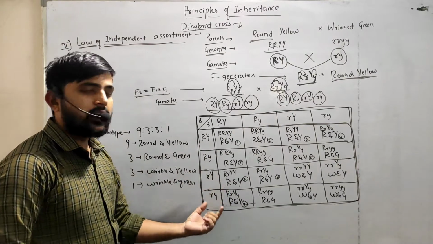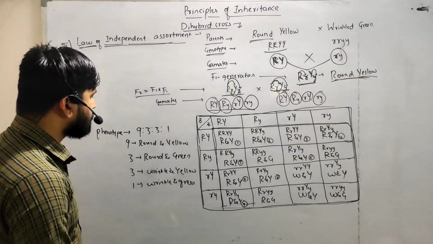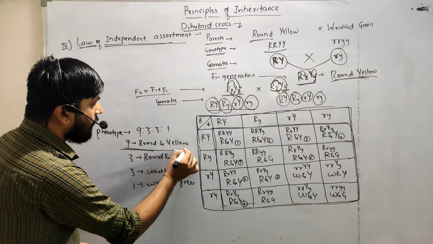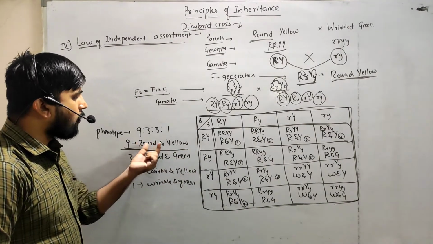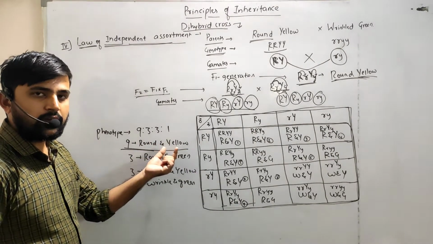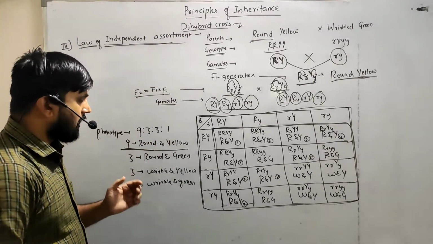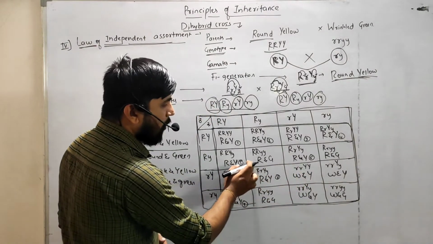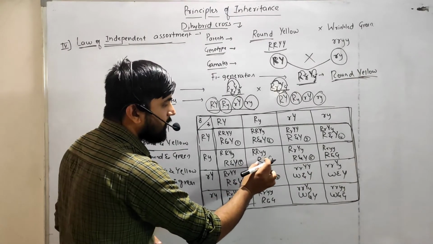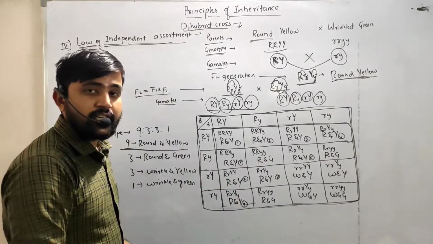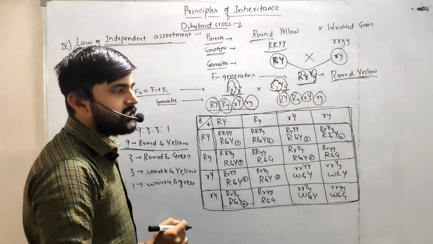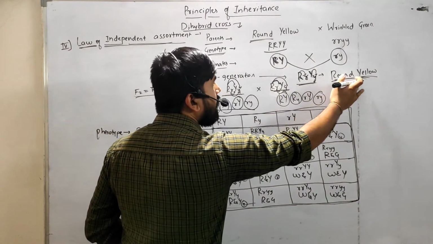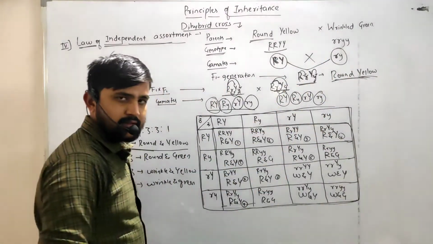So these are the phenotypes. They have round seed with yellow cotyledons. We will have 9 offspring having round seed with yellow cotyledon, and 3 are here in round and green cotyledons. See here, in the initial parents we have only one combination, that is round and yellow and wrinkle and green, right?